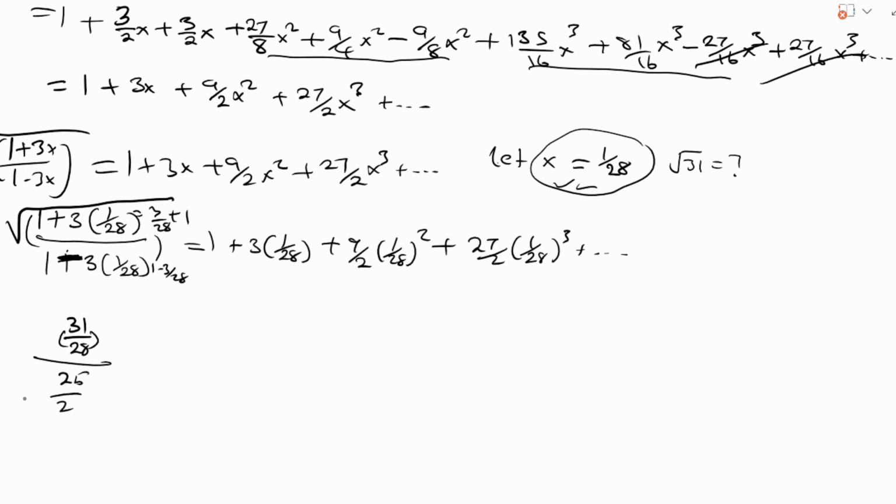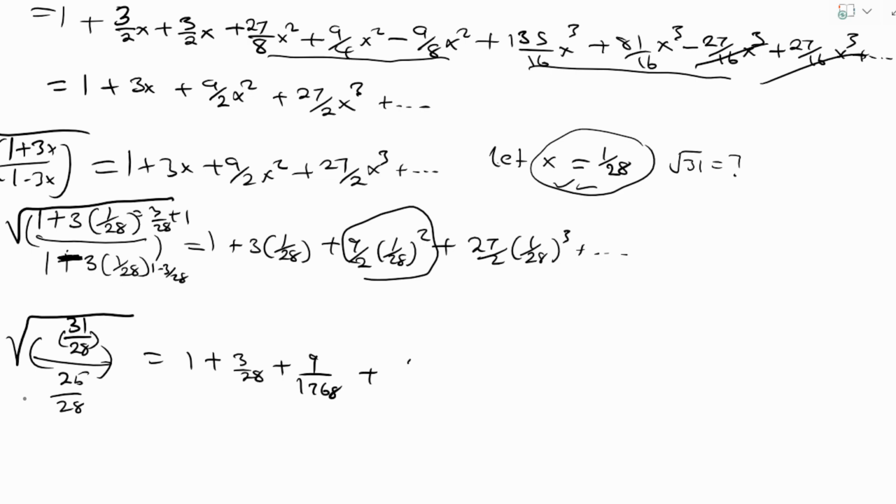And remember, here everything is under square root, so this one should be equal to 1 plus 3 over 28 plus, if you simplify this one, you get 9 over 1568, and then simplifying here, you shall have 27 over 43,904, and so forth.